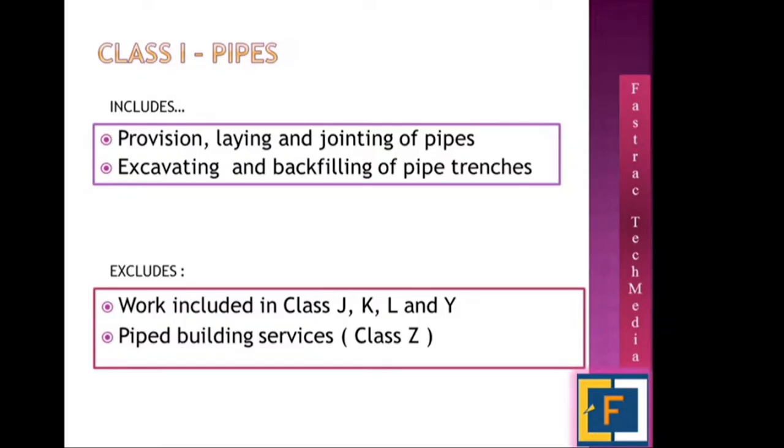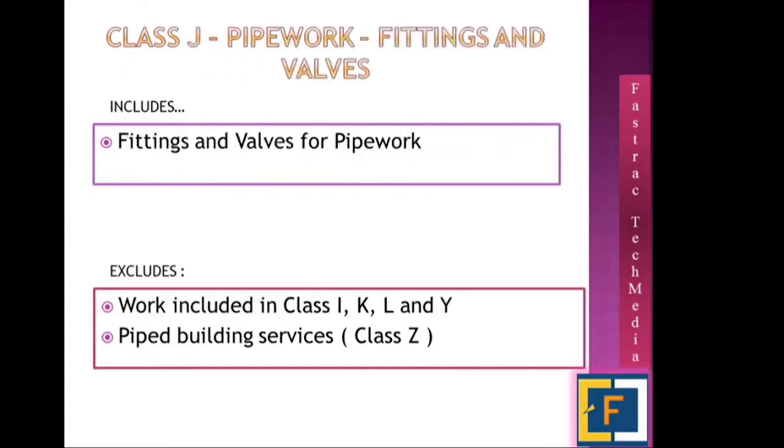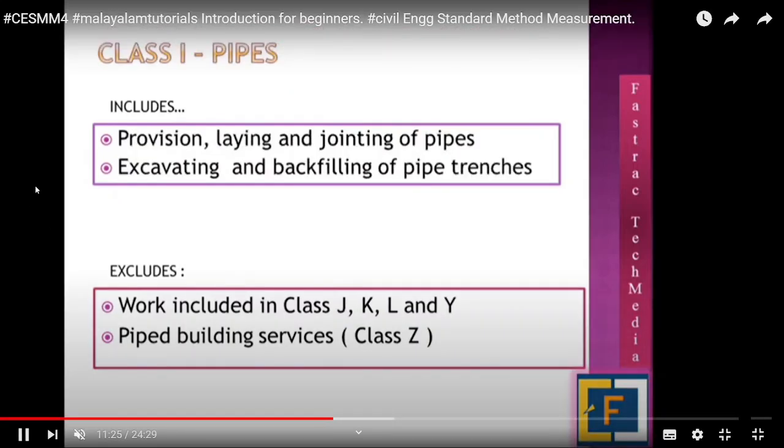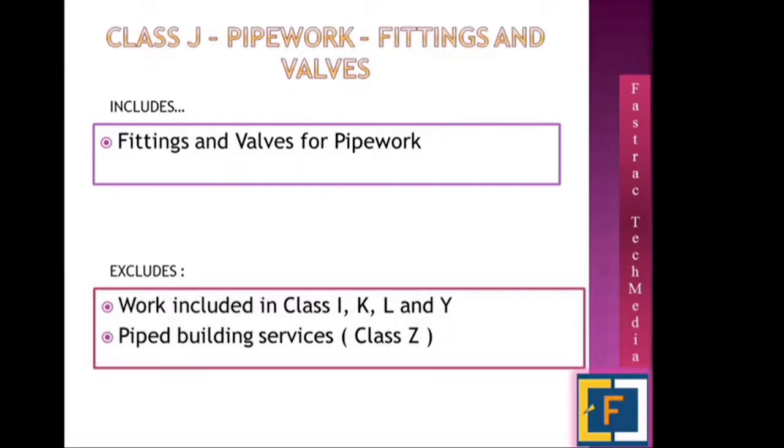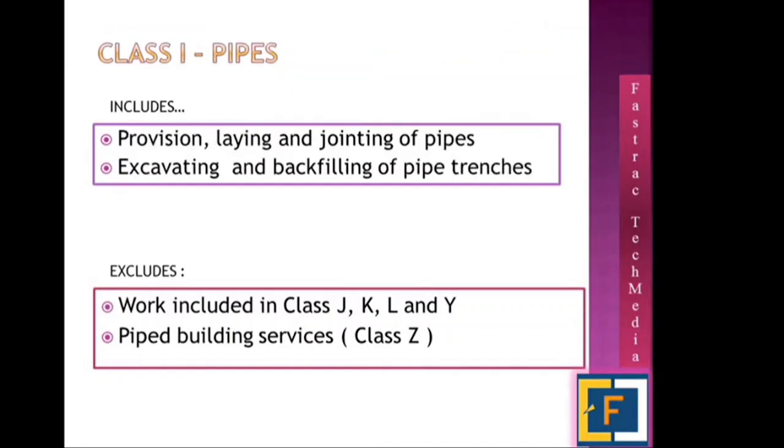Okay, so we will discuss that. We are planning to make a lot of sessions, but YouTube videos will not do good. You had better attend our workshop sessions. Class J is pipework, fittings and joints, valve.